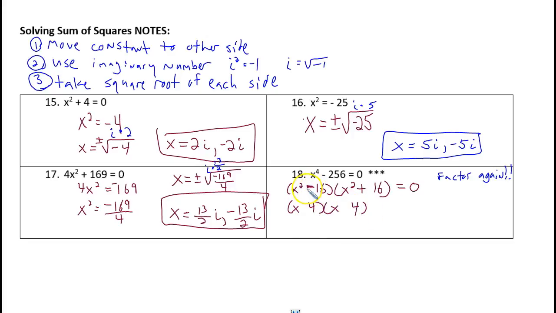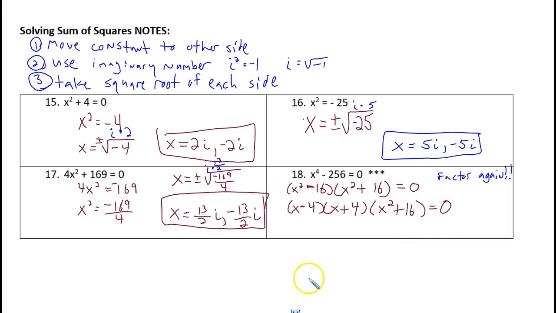And again, because of the difference of two squares pattern, one of these is going to be a minus and one of these is going to be a plus. Now the other guy is going to come down as x squared plus 16 because he is non-factorable, right? Remember we said he was prime, so the plus sign in the middle blocks this here.